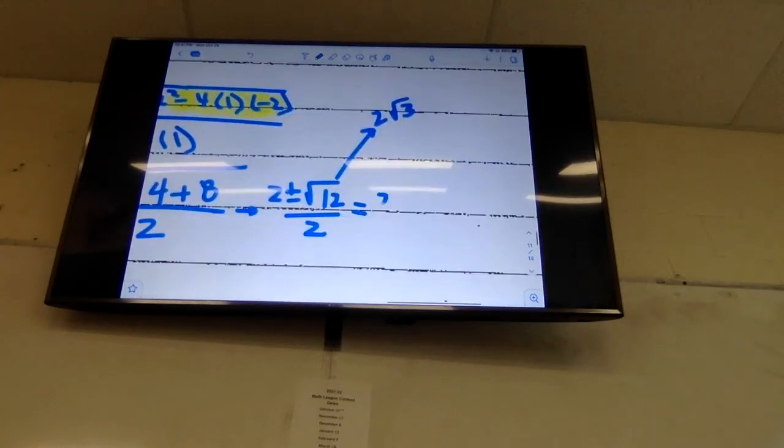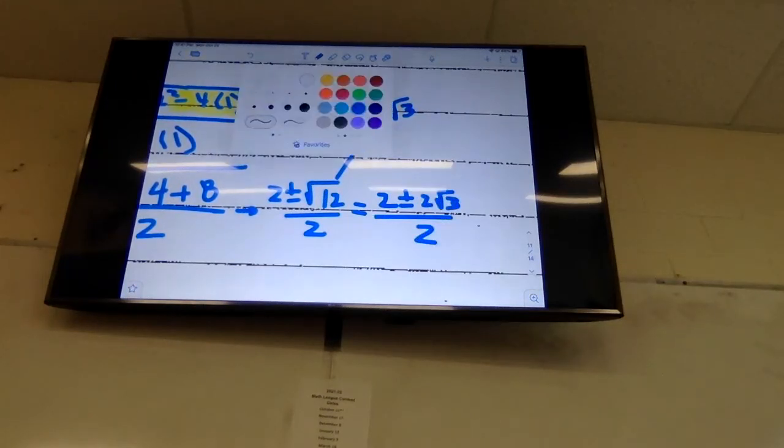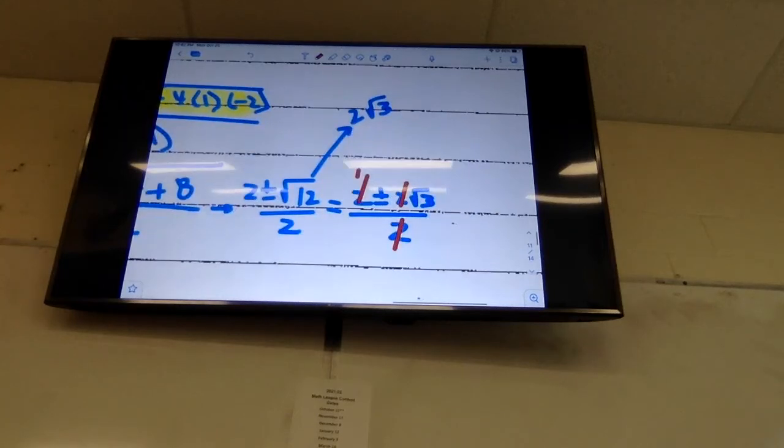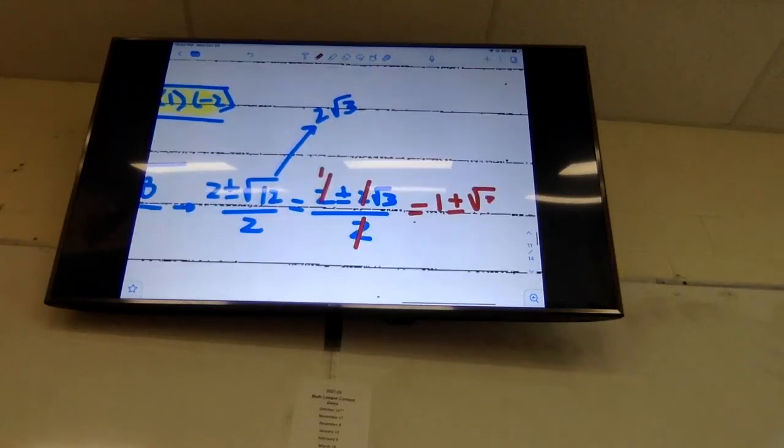And then I've got all those 2's, I'm going to cancel out. Your final answer, as much as you want it to just be plus or minus root 3, is going to be 1 plus or minus root 3. Don't lose the 1 right here. You don't need the 1 in the denominator or in front of the root 3. That's kind of redundant. We assume that it's there, but you can write it if it makes you happy.